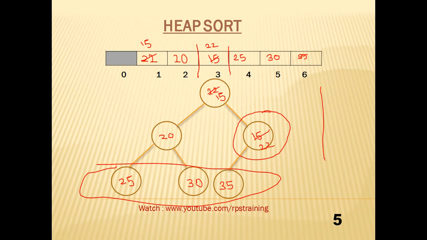Again heapify it. 15 contains a greater child, 20, so one interchange will be done. It will be 20 and it will be 15.